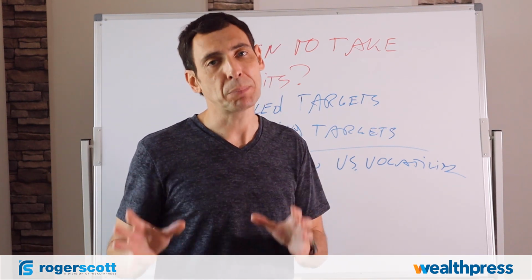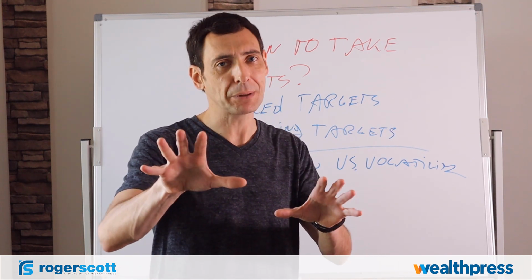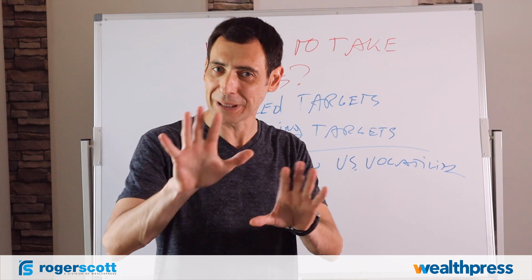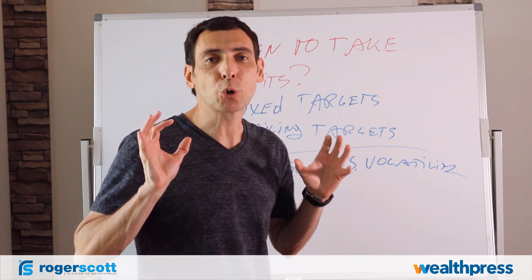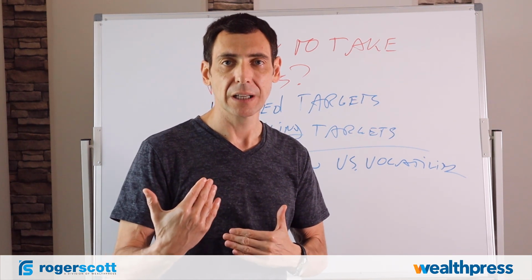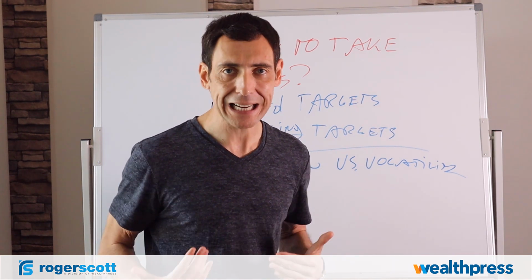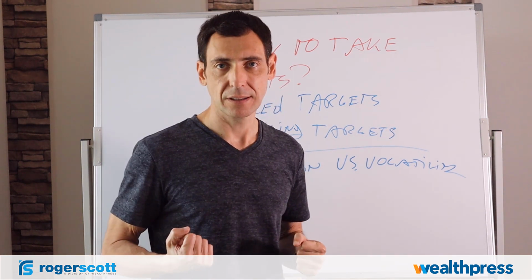There's a time and a place. All right. There's a time and a place for everything. And I know you're probably thinking weird things in your mind right now, but you don't have to. If you're trading time frame, if you're intending to hold the position for, let's say, 3-5 days, it's not practical to use a trailing target.